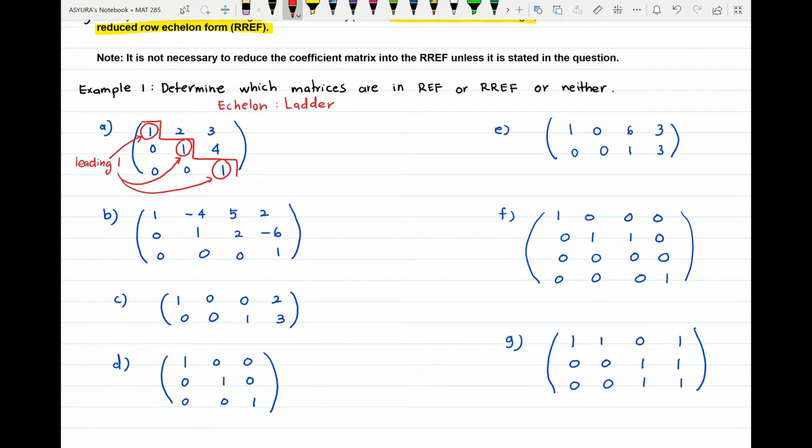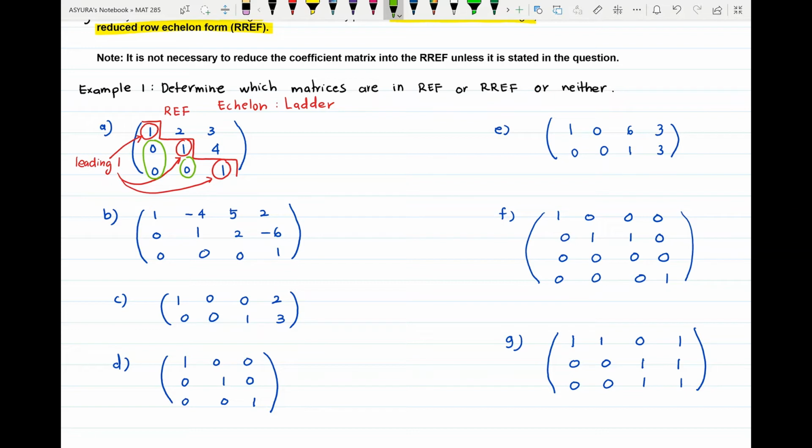And the next leading one must again be further to the right. So this is what we call the row echelon form, REF. It is a row echelon form because below each leading one is 0.